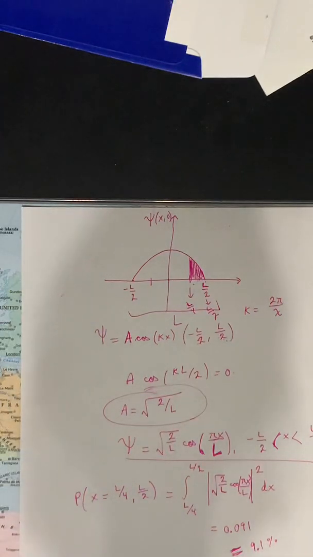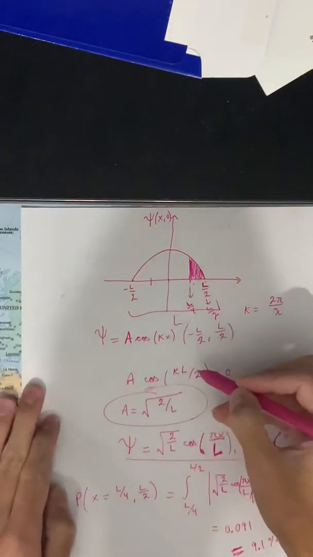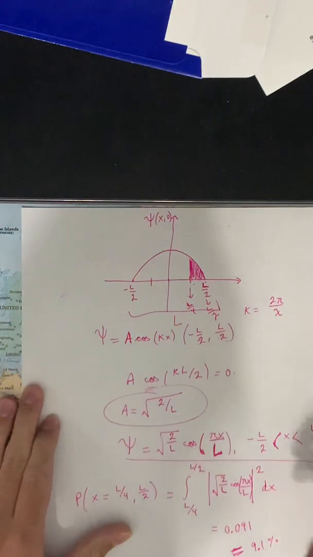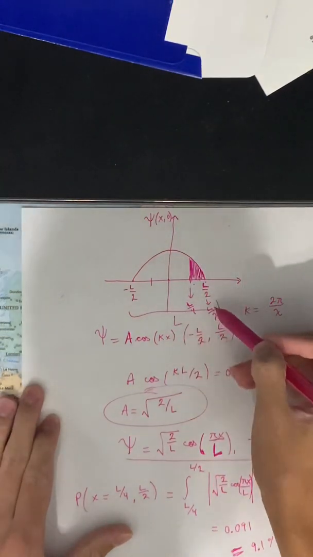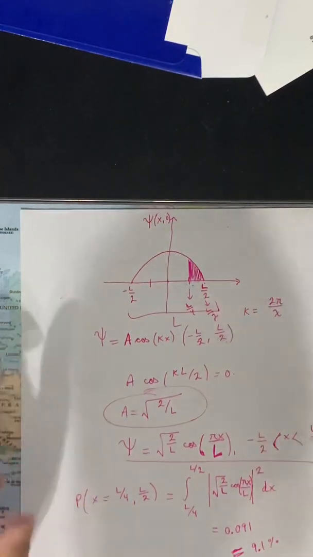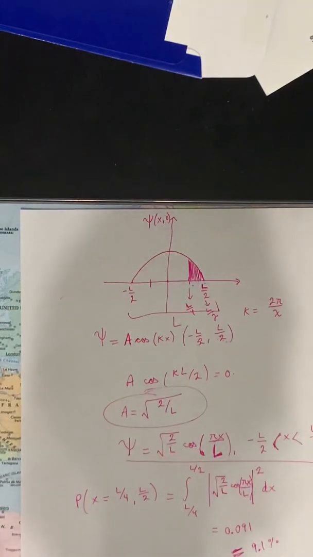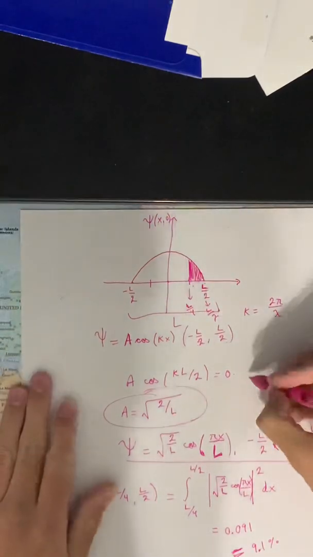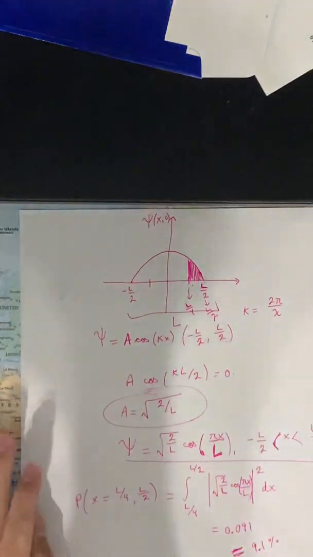So in order to find that value, we used what information we know, right? So from negative L over 2 to positive L over 2, we know all of the possible values for the probability density to be found in between these values has to be equal to 100%, or 1.